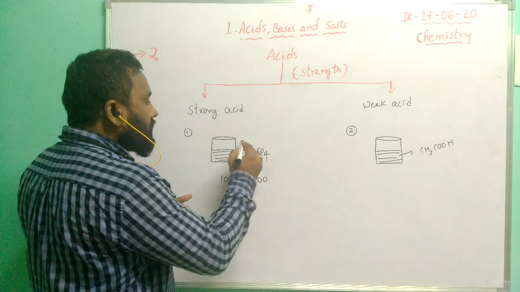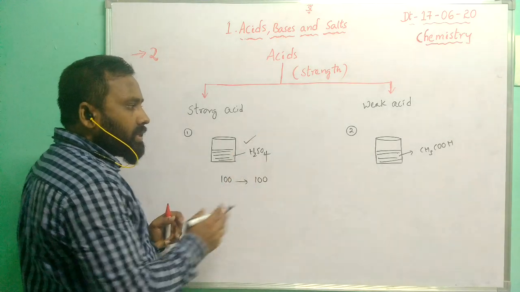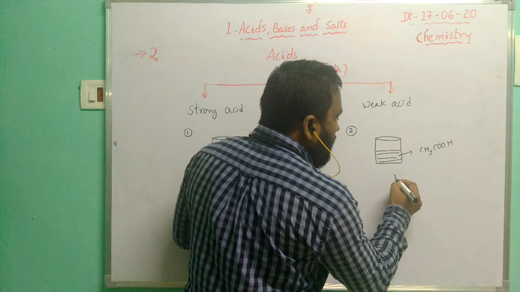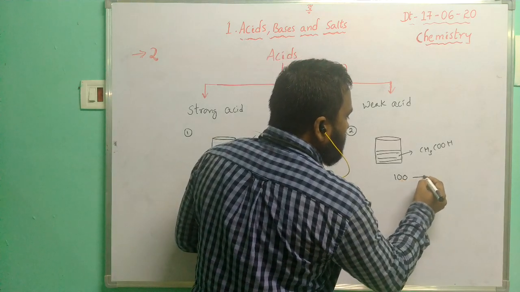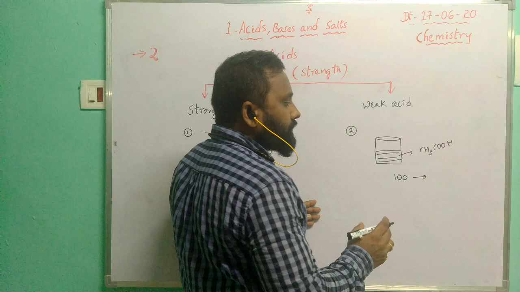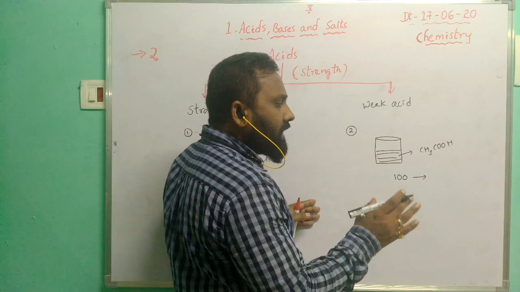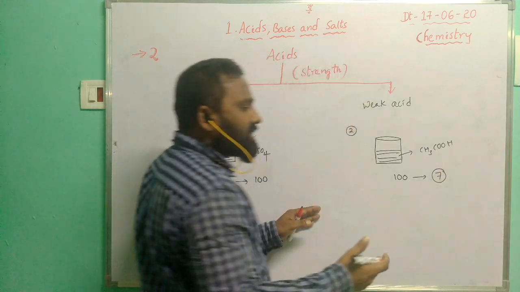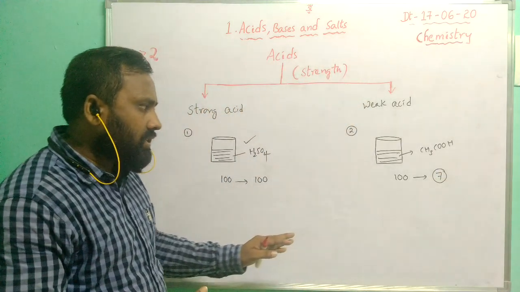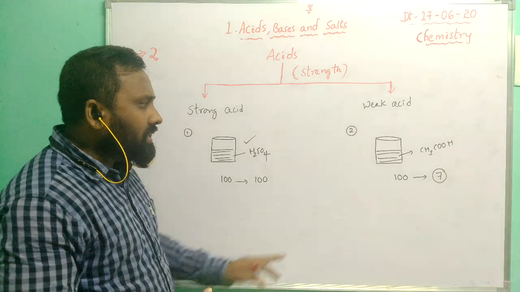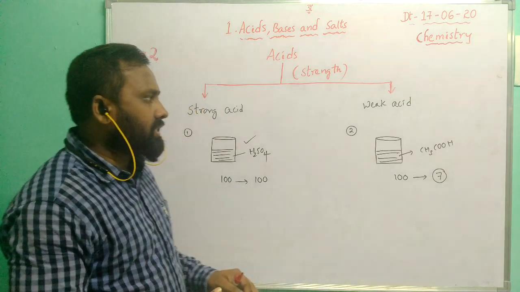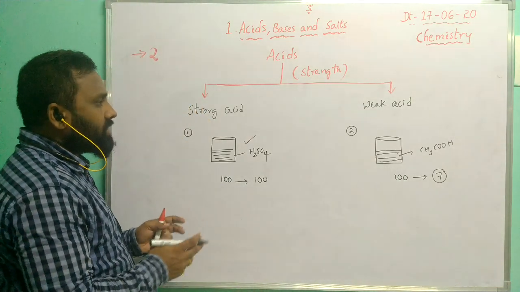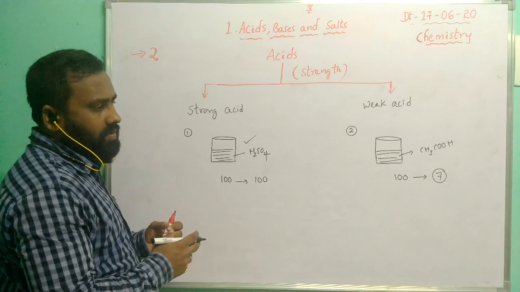So this is the strong acid. But here, 100 molecules partially ionize, only 7 or 8 ions dissociate. That means it is a weak acid. So that is the difference between the strong acid and weak acid.